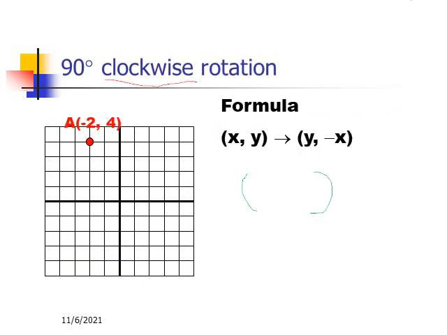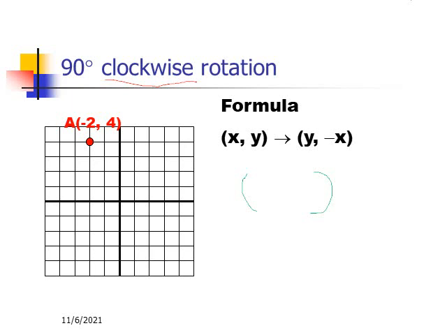Now we'll speak about rotation of 90 degrees clockwise. First, what happens here? You say clockwise, so in clockwise, do I go from this side or the other side? The red line or the green line?